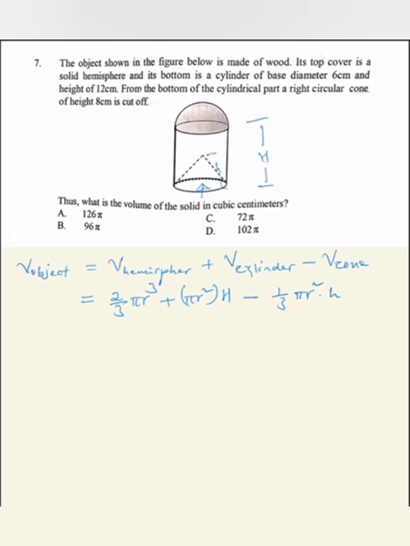So the diameter of the base of the cylinder is 6 cm ማለት the radius of the base will be 3 cm እንደ ማለት ነው. So በ r ቦታ 3 እናስገባለን. The height of the cylinder ስንት ነው ተብሎ ተሰጥቶናል?